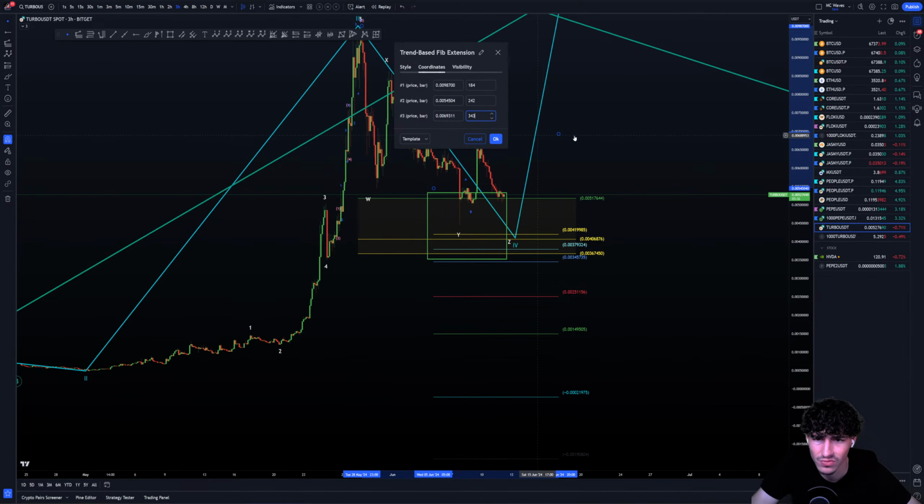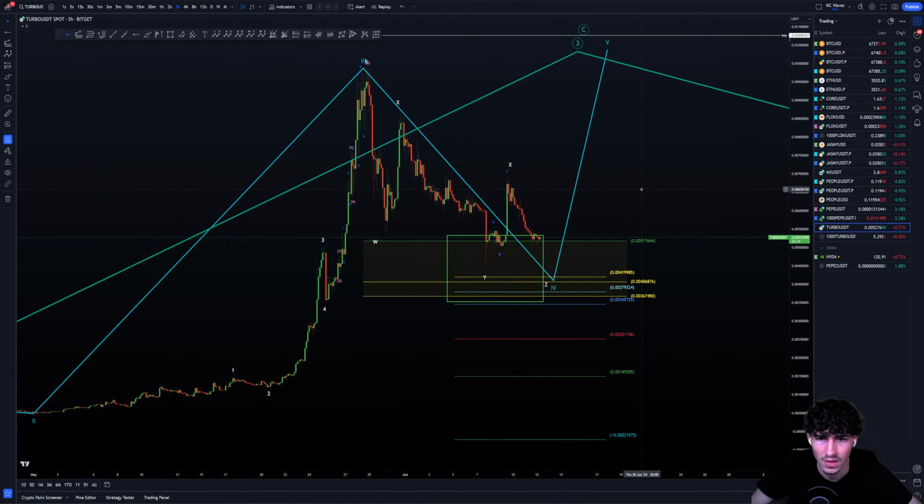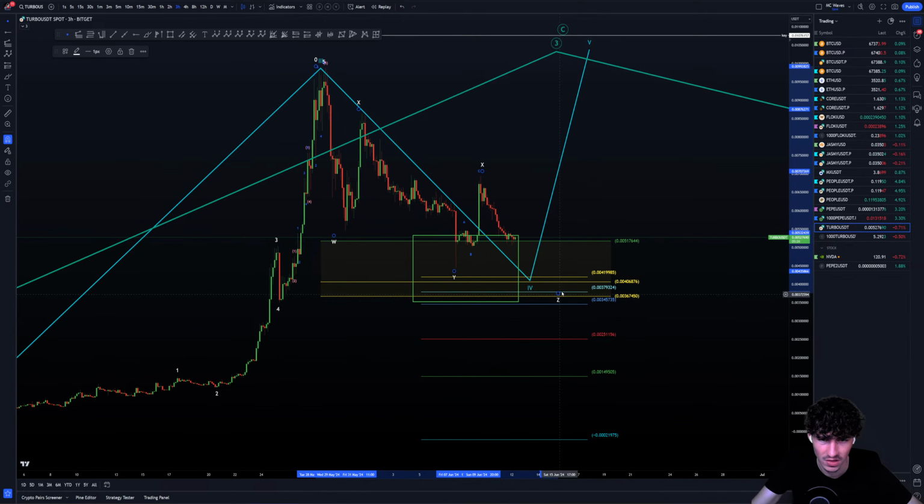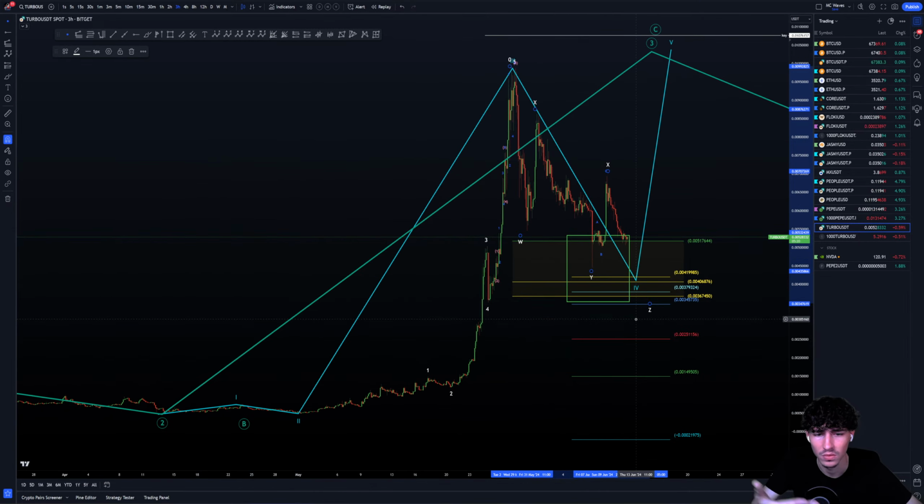I'm going to leave it like that. If we do the Z wave, normally it should go minimum here, so around the 6.86% retracement, so into the extension really, between 0.041 down to 0.034 minimum. If we go more down, the 1-to-1 extension below really.